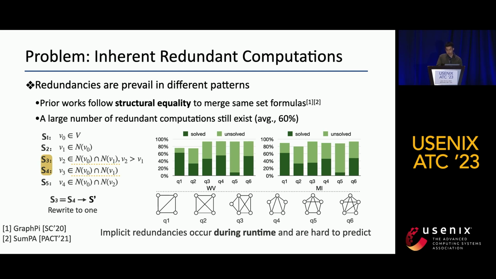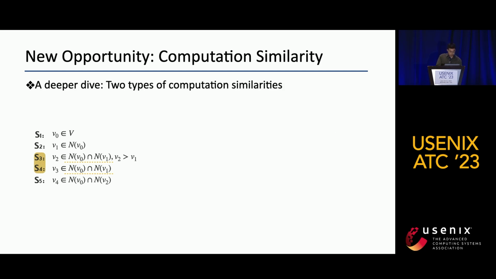In our experiments, moreover, 60% of the redundancies remained after the rewriting optimization. This is due to the fact that many implicit redundancies cannot be tracked before the computation. Furthermore, some explicit redundancies exist, such as the set intersections on an inverted subgraph instance.